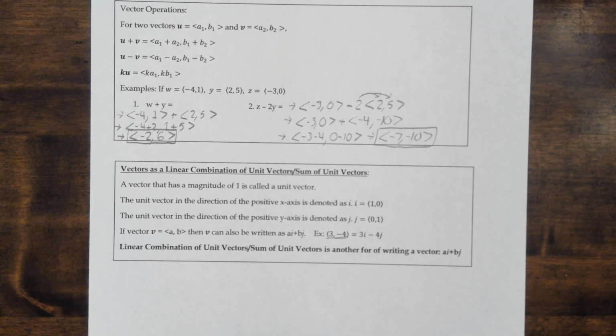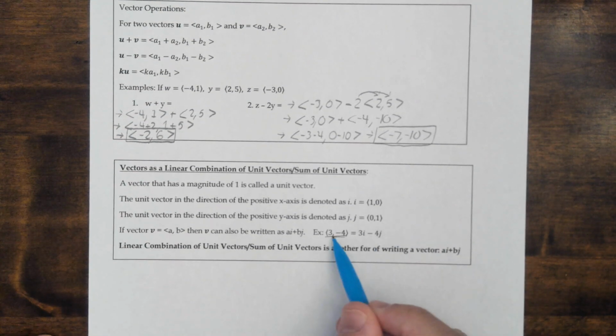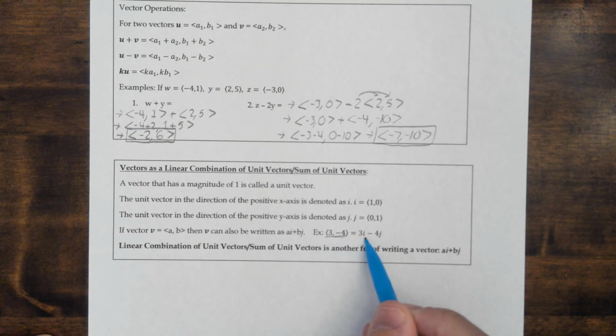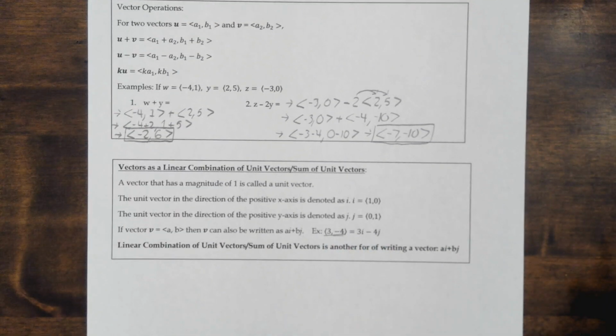I think dot product's on Tuesday, yeah, it is on Tuesday. We'll talk about the basics of it, but if you take calculus and anything above, it'll be a lot more important to understand sum of unit vectors. For us right now, we just need to understand that, given the component form, we can write it as a sum of unit vectors, which is literally just taking, we don't even change the signs. Look, it's just 3i minus 4j. Okay?